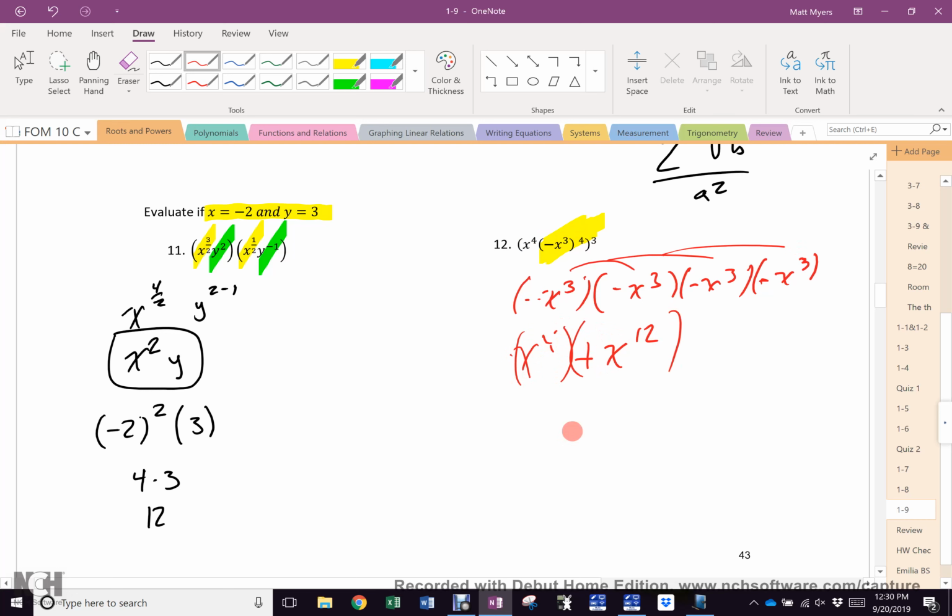X times. I'm going to have x to the 16th, yes? Because I have to add them, right? And all of that is then cubed to get x to the 48th. Then the negative has to come back because x is a negative 2.